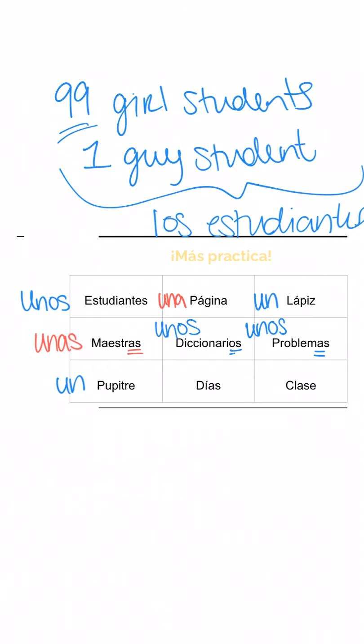Some days is what we're looking at next here, and días, just like problemas, looks feminine, but it is in fact masculine. So unos días. All right, y finalmente we have clase, which is a feminine noun and singular. So we have una clase.